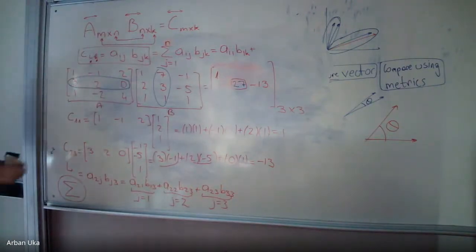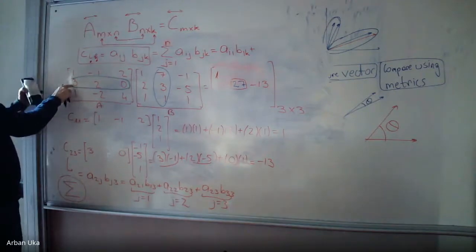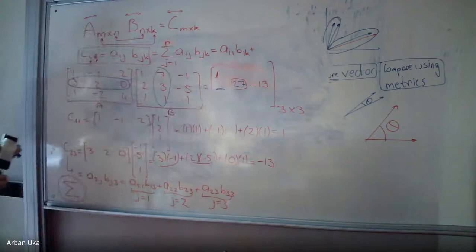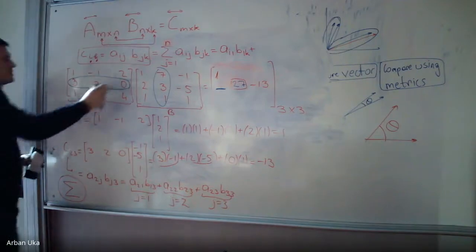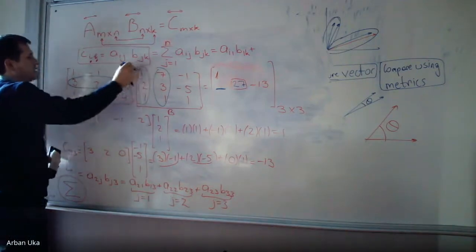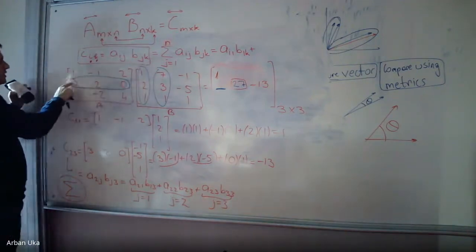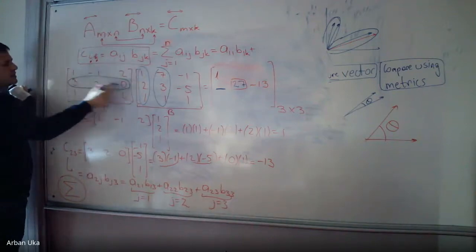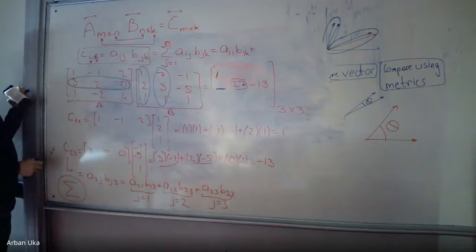Then we write something similar. Let's find this one. What is this element here? This element is the second row of A times the first column of B, so we have these two. We match each element here and here, we get 3 plus 4, 7.